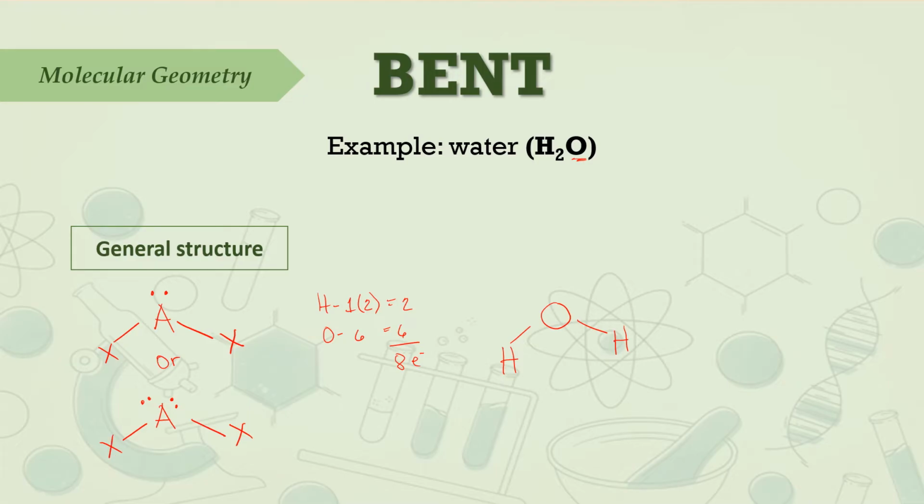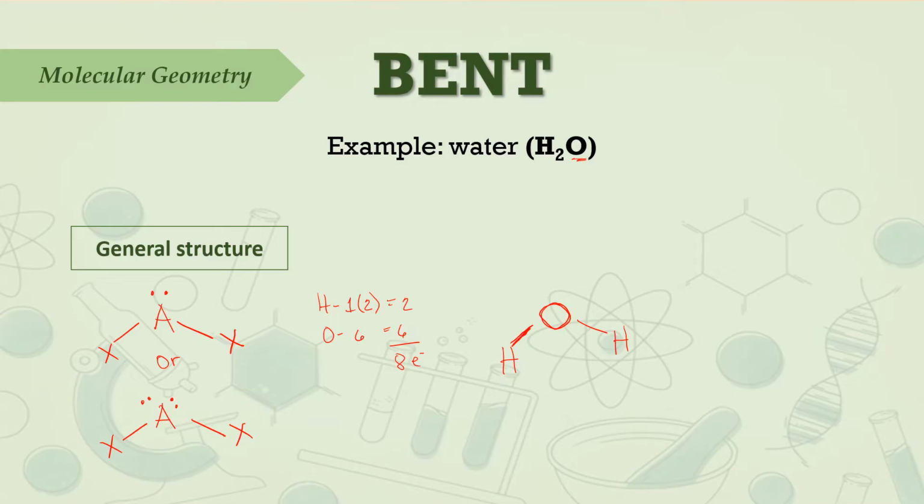So for oxygen, we have here O bonded with 2 hydrogen atoms. And take note, hydrogen can only hold a maximum of 2 electrons. Therefore, hydrogen will not necessarily fulfill the rule of 8. But oxygen must obey the octet rule since it's the central atom.